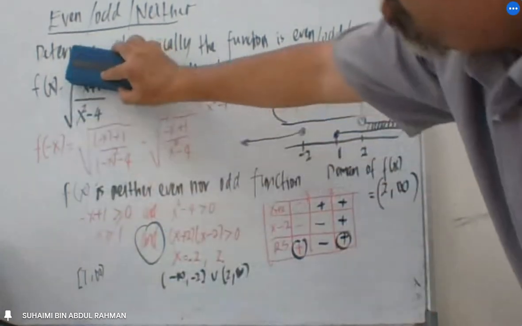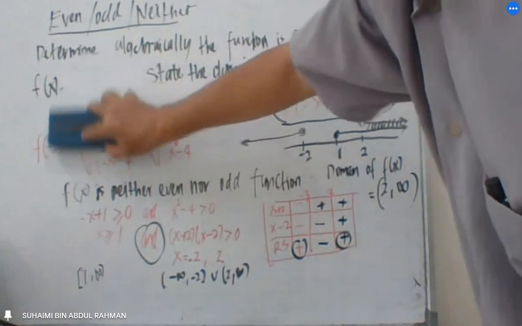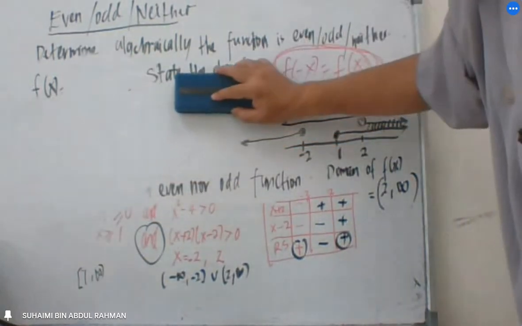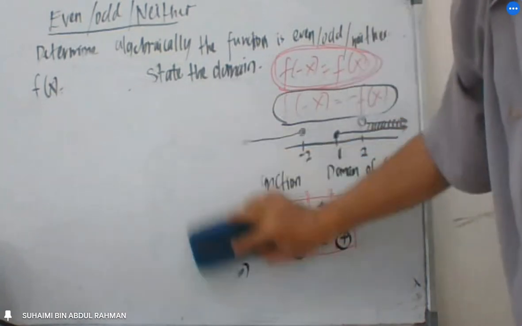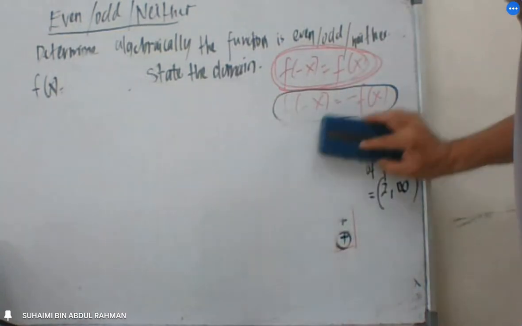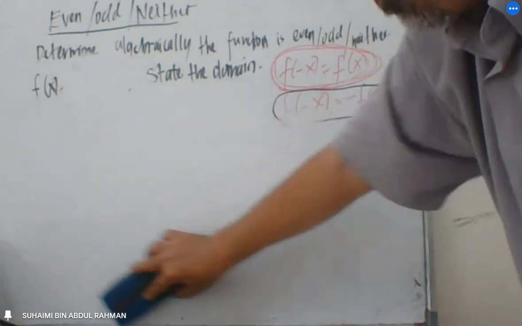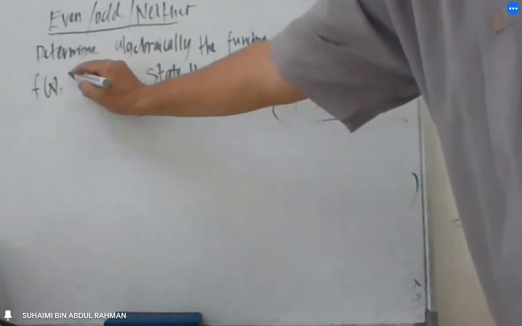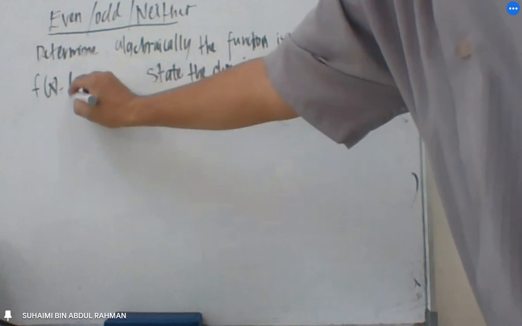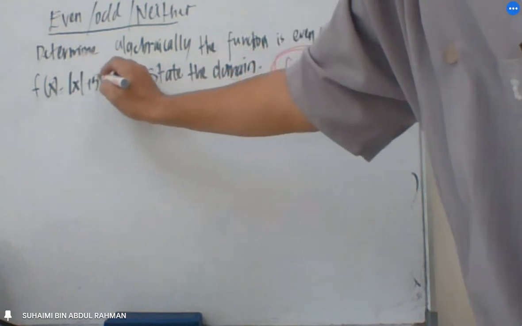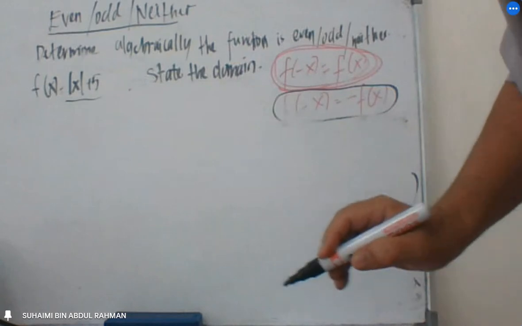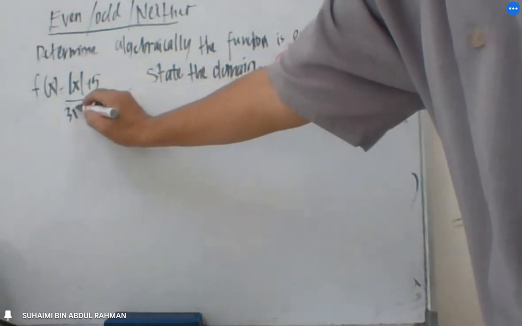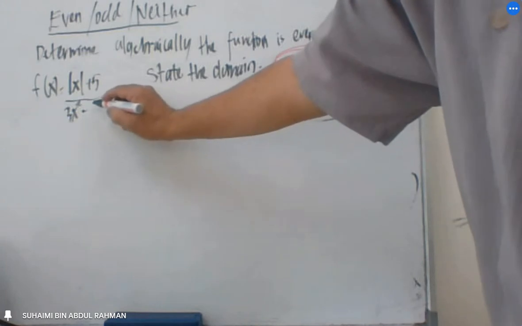And let's say another function. f(x) is the absolute value of x plus 5, divided by 3x squared minus 2.